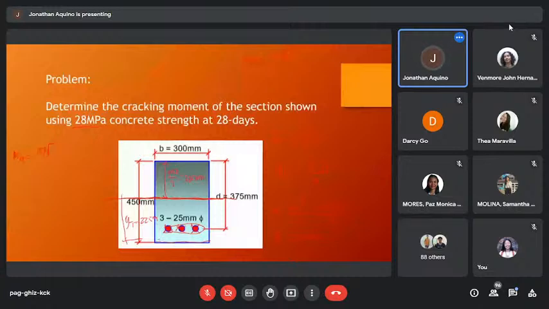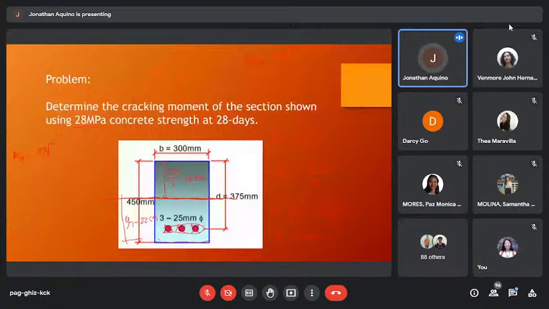300 times 450 divided by 12. So this will give 2.278 times 10 to the 9. So 2.278 times 10 to the 9 divided by y sub t of 225 millimeter.